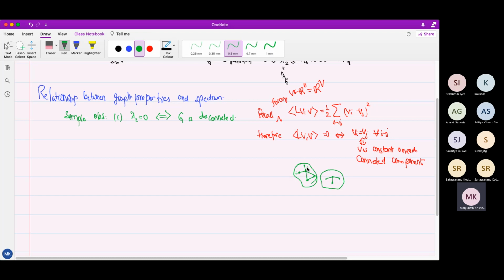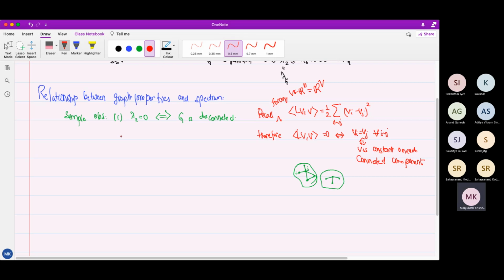On this connected component, all Vi's are the same, but there is no need for these two to be the same, because the summation is over edges where i and j are adjacent. So on each connected component, Vi has to take the same value, and for disconnected components you may have different values.